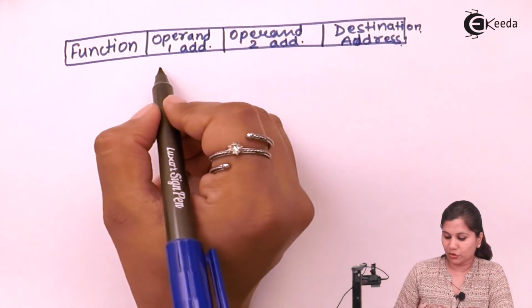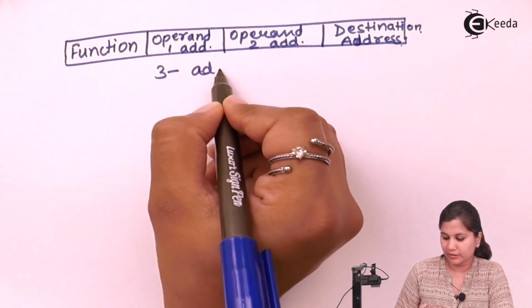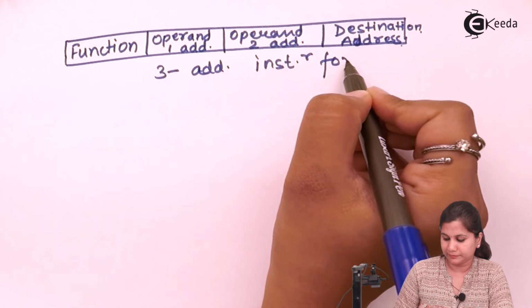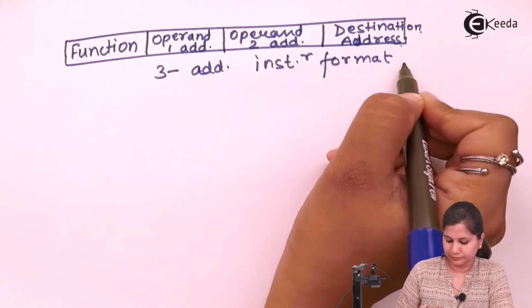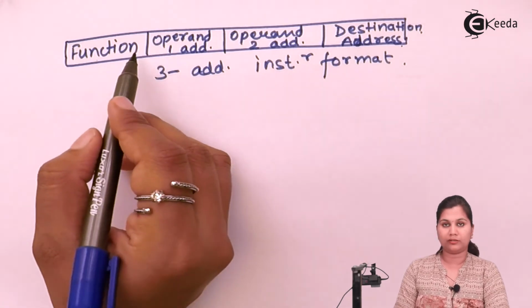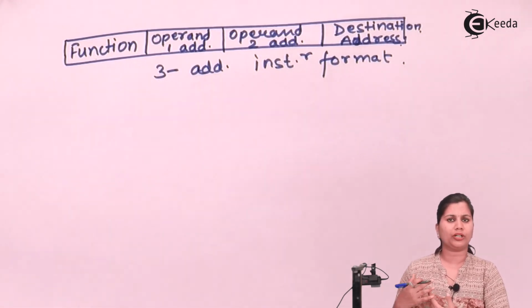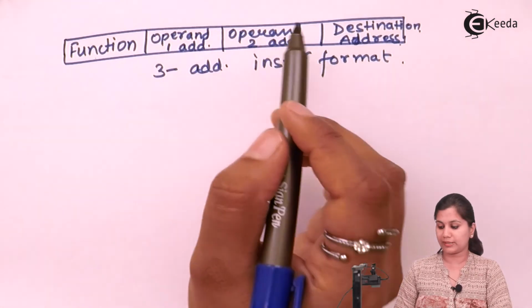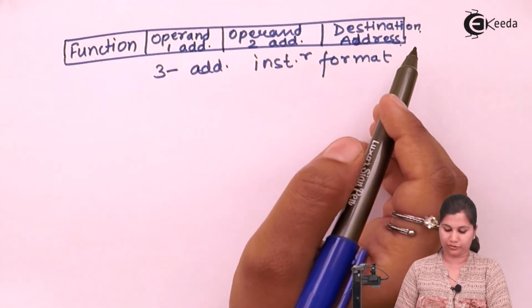So that is why it is called the 3 address instruction format. Function like addition, subtraction, whatever operation it has to perform, then addresses of the two operands, and then address of the destination.